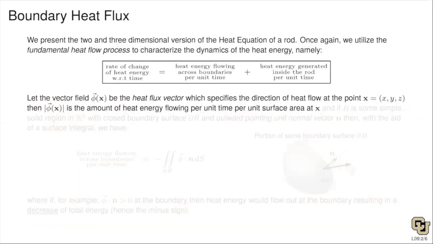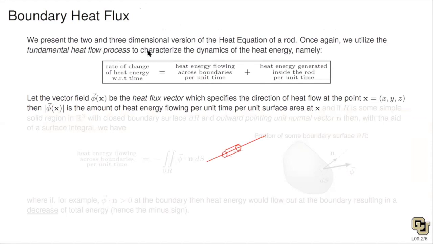So here we just want to give the generalized version of the heat equation. Remember, our heat equation is on a rod. So what does that mean? For our one-dimensional heat equation, the only direction we can move in is back and forth along the rod.